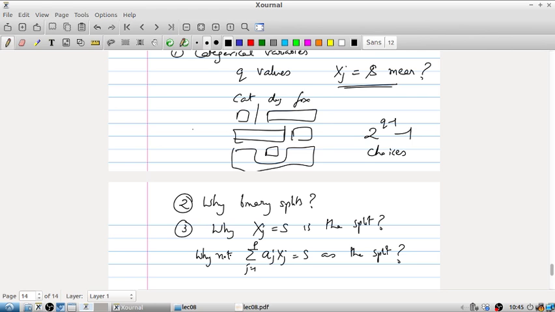I was just taking a split exactly on one coordinate, taking the left side or the right side as the two regions. But why not some linear combination, where the sum of the values is greater than something or less than something, and then I split?